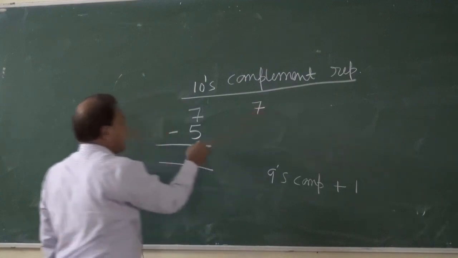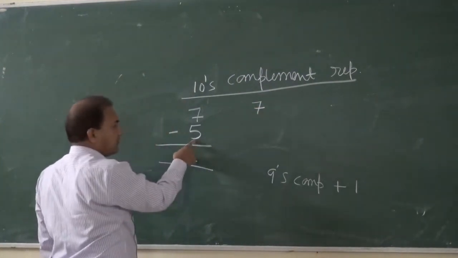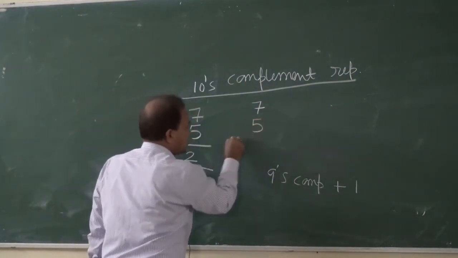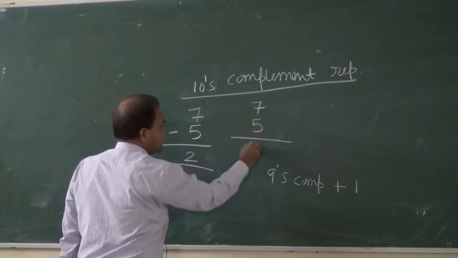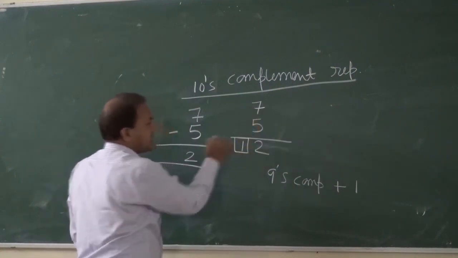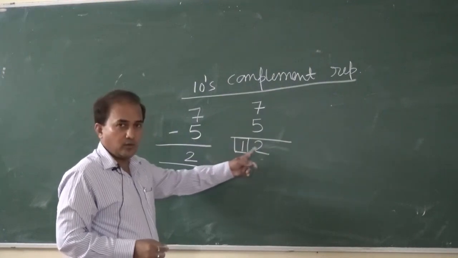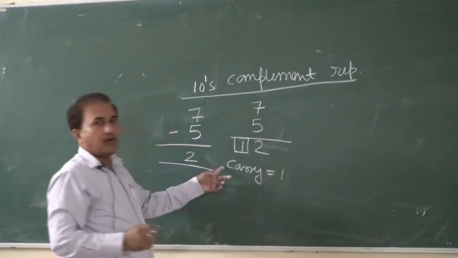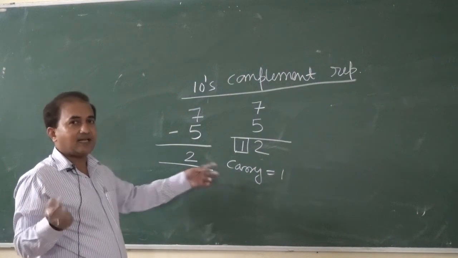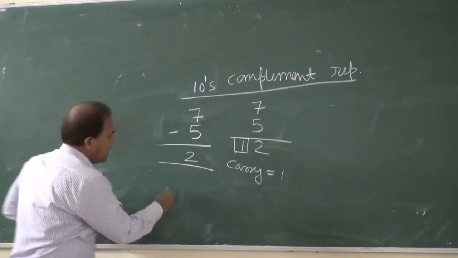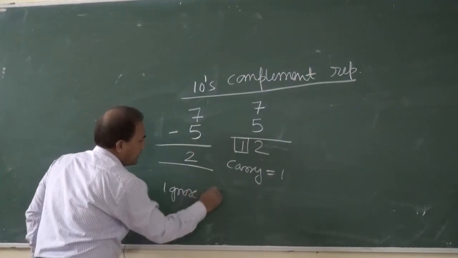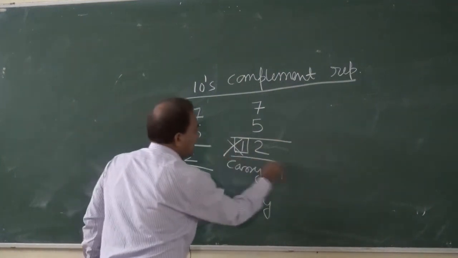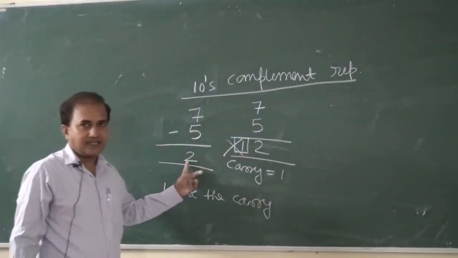So you write 7, and the 9's complement of 5 is 4, and 4 plus 1 is 5. So 7 plus 5 is 12. The carry is equal to 1. In 2's complement representation, you saw that if carry is generated, you have to ignore the carry. So you have to ignore this carry.